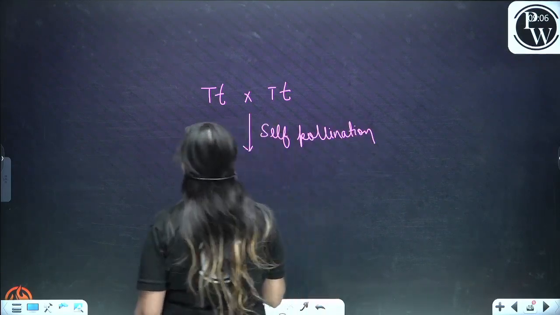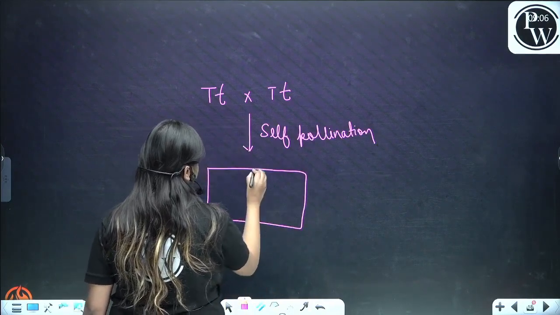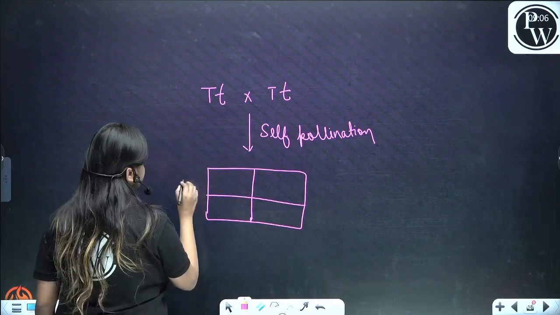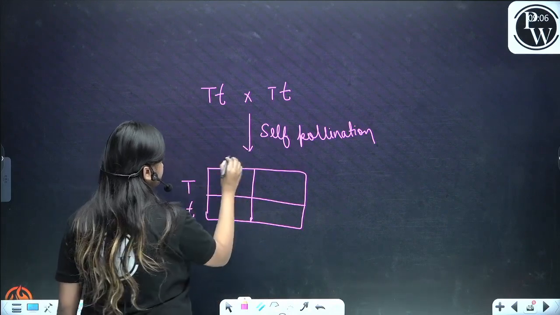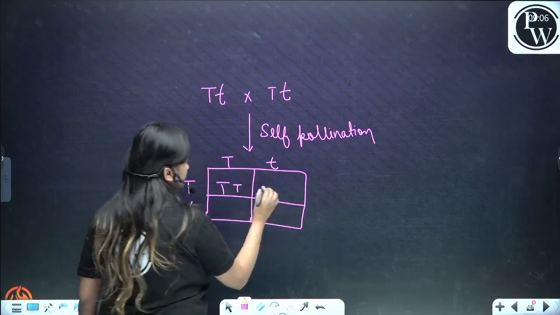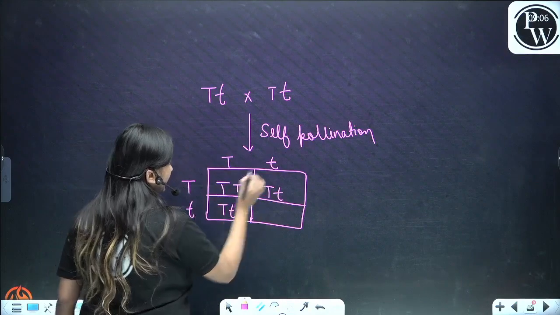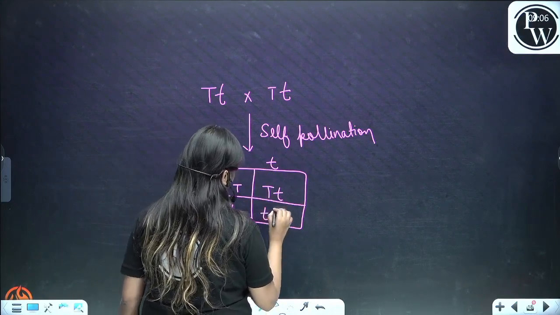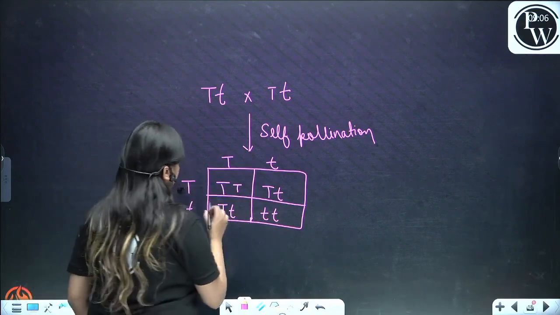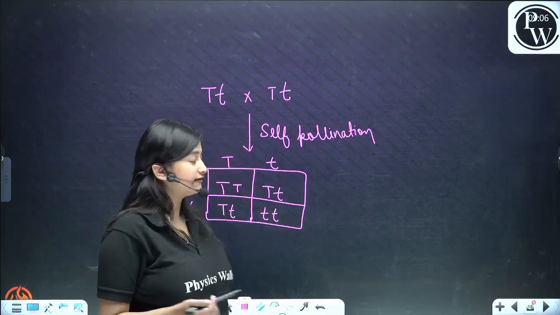Now let's see. Now again make a cross. Tall. This is also tall. This is also tall. And this is not tall. Now always remember that it's a rule that always dominant one will come first and recessive will come after that.